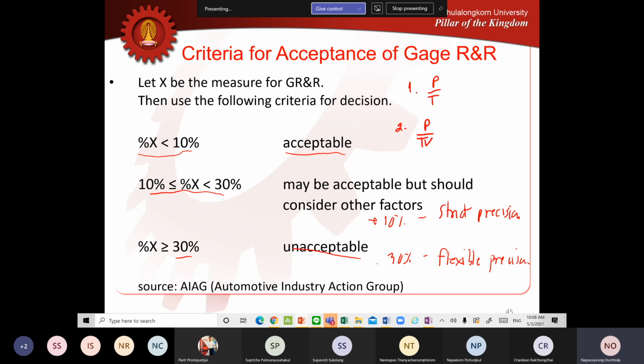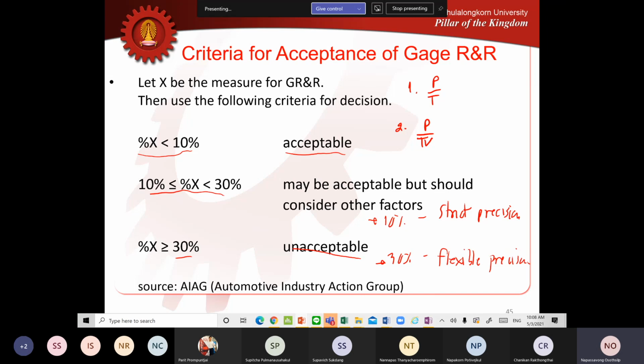But if we compare with 30%, we can say that the precision of 20% is acceptable in this case. So first we have to decide which criteria you will use, 10 or 30, or 20, it depends on you, but generally we do not use a criteria over 30. Like 40% is too much.